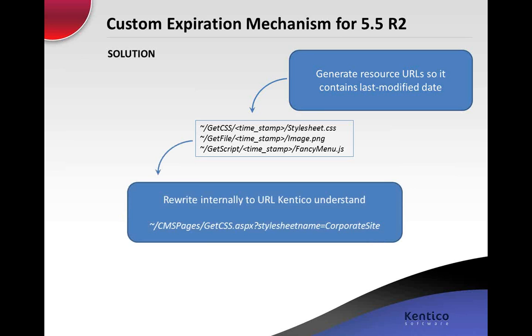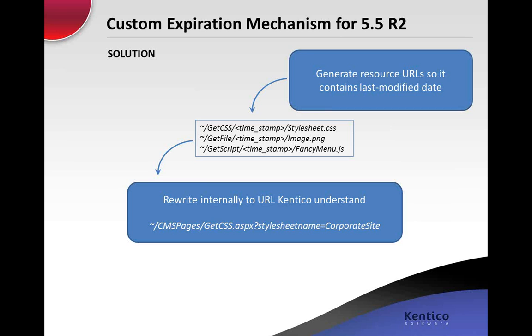So as soon as you are able to get those URLs, Kentico will receive requests for basically URLs it doesn't understand. So you need to rewrite it internally before Kentico takes control of processing. You need to rewrite it to the URL that is familiar to Kentico.